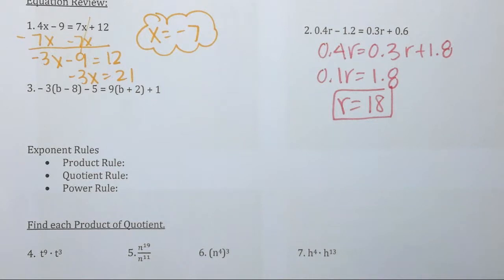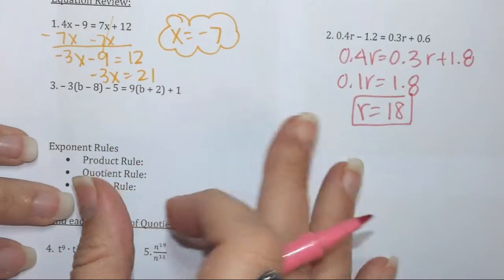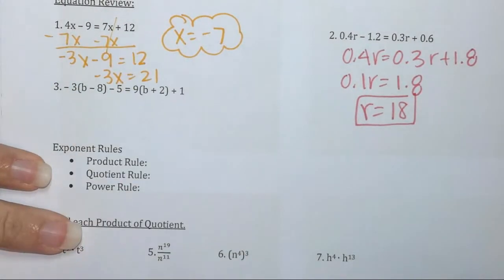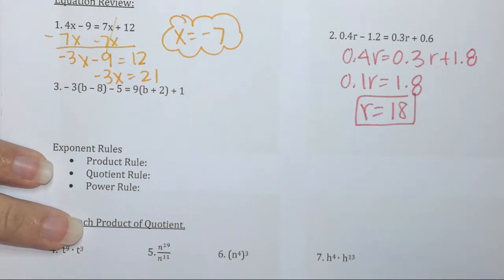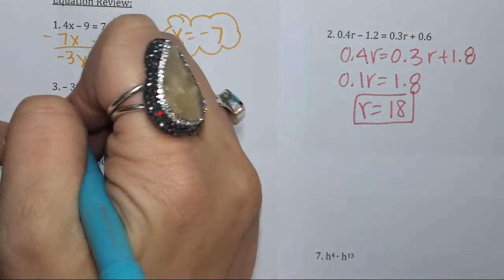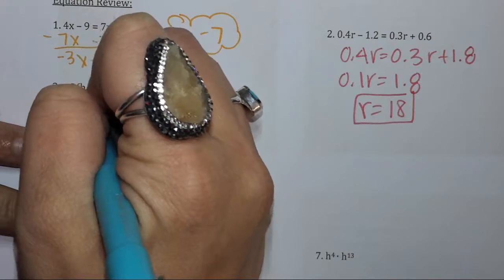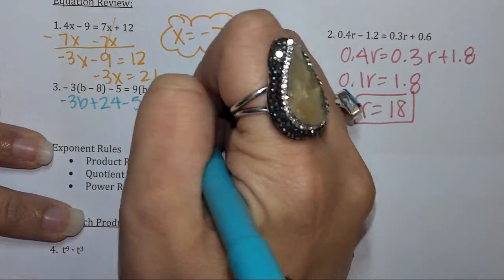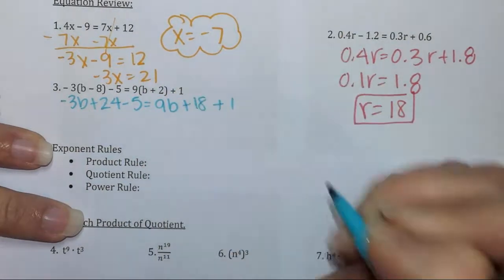What'd you get for number 3? Almost there. I get 0. I'm gonna show you. Alright, so you distribute the negative 3. So you get negative 3b plus 24 minus 5 equals 9b plus 18 plus 1.